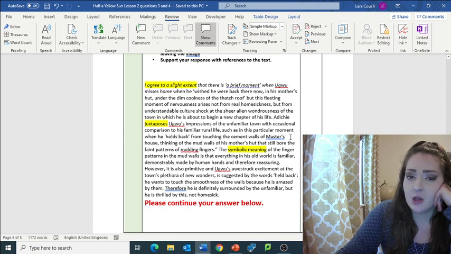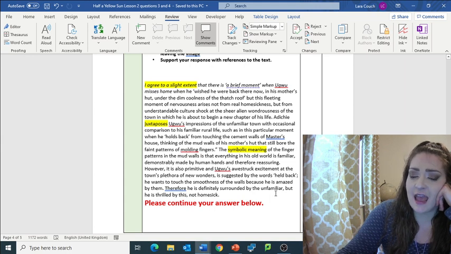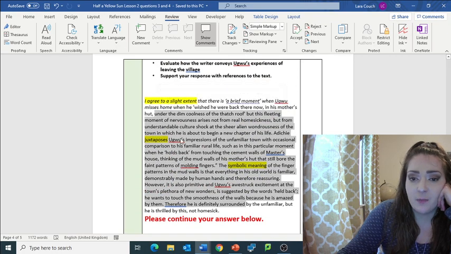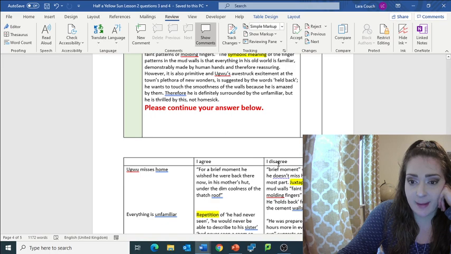But this fleeting moment of nervousness arises not from real homesickness, but from an understandable culture shock and a sheer alien wondrousness of the town in which he is about to begin the new chapter of his life. So what I'd recommend is read through that and see how Mum's writing that and how the piece has been laid out. What you can do then is please continue the answer below. So Mum started it off for you, and then write the rest of it there.